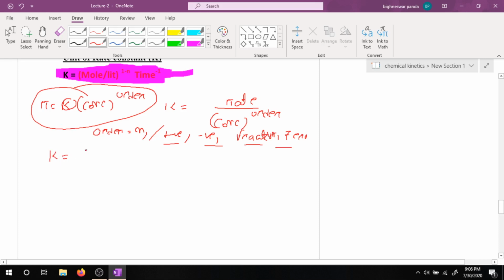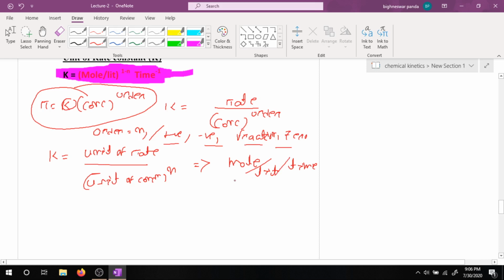K is equal to unit of rate divided by unit of concentration to the power n. The unit of rate is change in concentration per time, that is mole per liter per time.